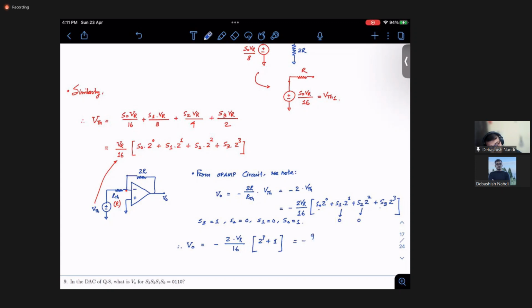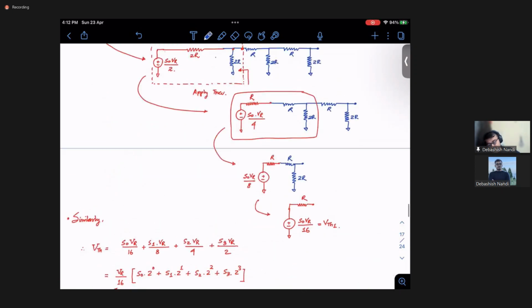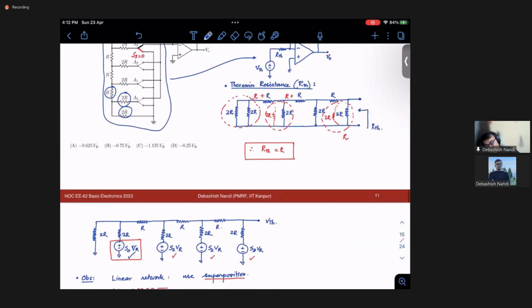So 9 by 8 into VR. Okay. So your output, what is your 9 by 8? You will find it out to be minus 1.125 VR. Okay. So this would be your answer. So C would be your right answer.